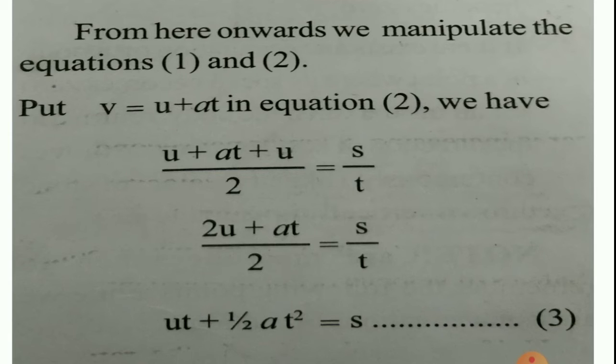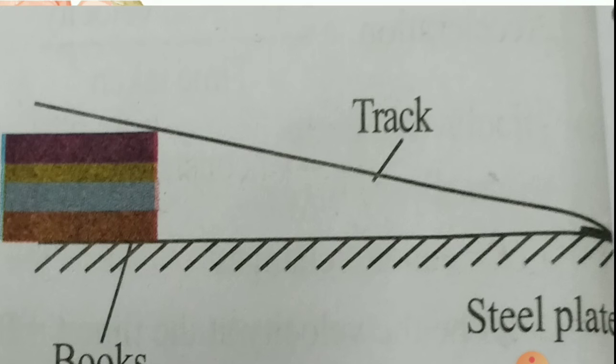And your next topic is lab activity. This is the last topic of your lesson, children. Let us go with this. In this lab activity, the aim is to find the acceleration and velocity of an object which is moving on an inclined track.